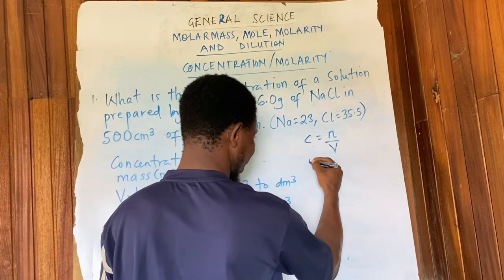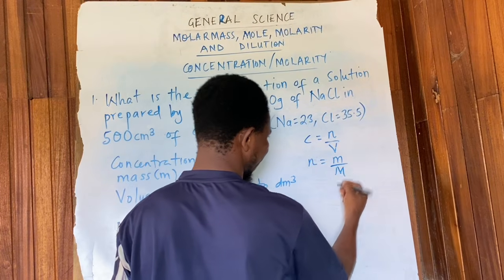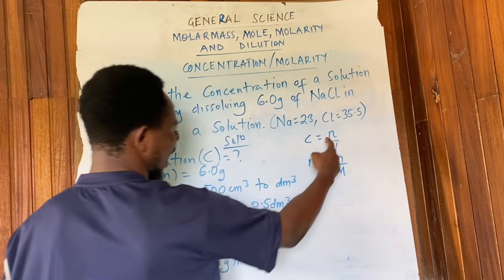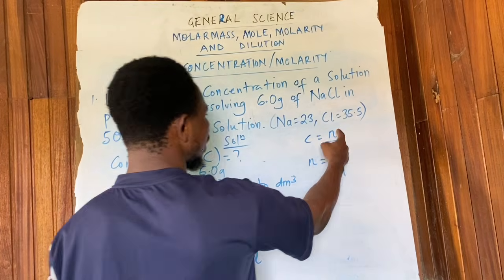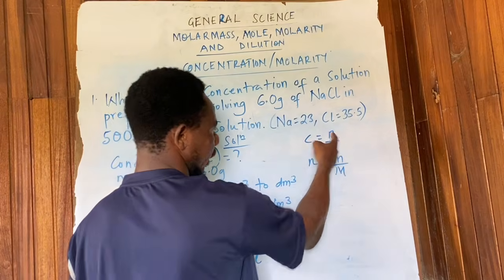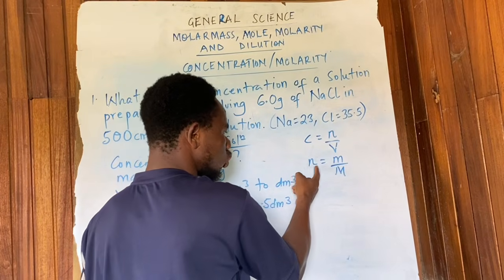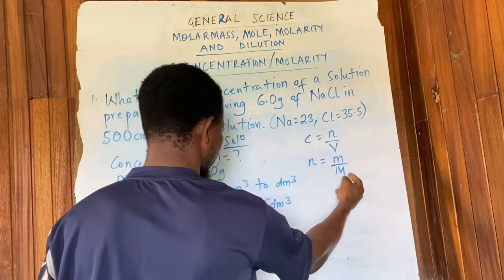But we also know that n is equal to small m over big M. If you don't know this, you can use this formula to find the n. So let's check whether we have small m and big M here.